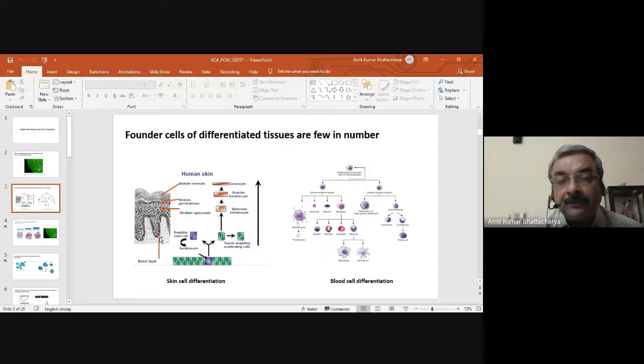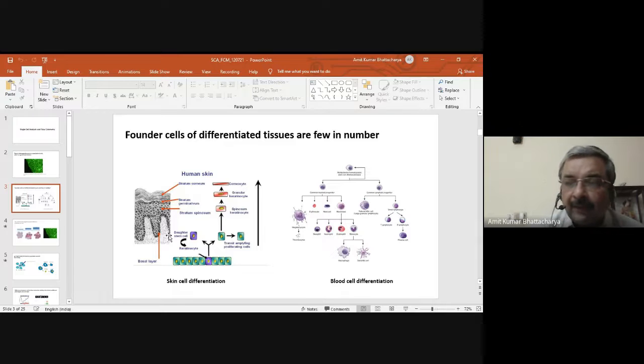So if you want to detect these stem cells, you will miss them if you look at the activity of all the differentiated cells together.